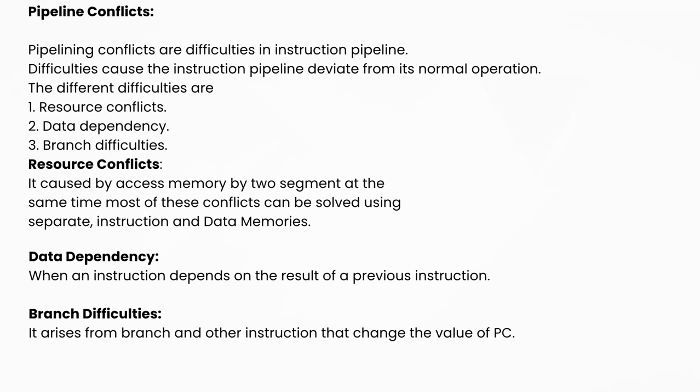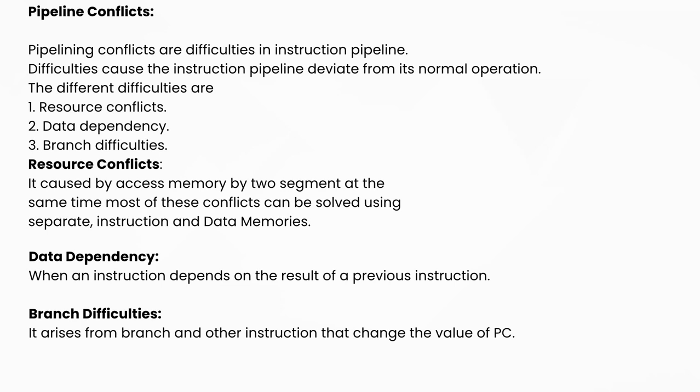These difficulties cause the instruction pipeline to deviate from its normal operation. They are the three conflicts: the first is resource conflict, the second is data dependency, and the third is branch difficulties.